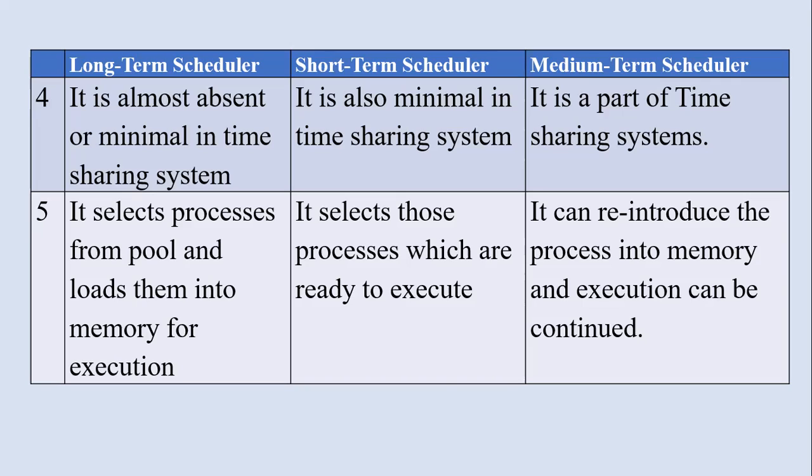The short-term scheduler, on the other hand, is also minimal in time sharing systems, while the medium-term scheduler is part of time sharing systems. Number five, the long-term scheduler selects processes from a pool and loads them into memory for execution. The short-term scheduler selects those processes which are ready to execute, while the medium-term scheduler can reintroduce the process into memory and execution can be continued.